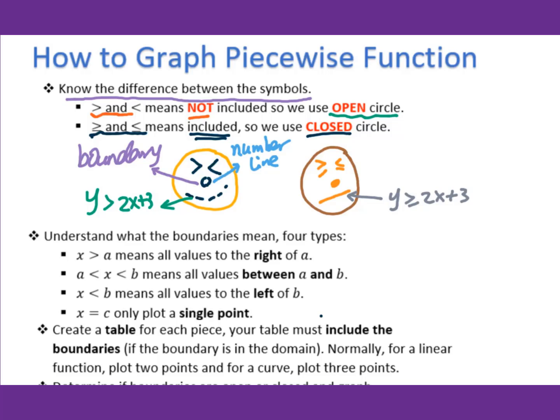But when you sketch a piecewise function for greater than or equal to, less than or equal to, you have to use a closed circle for the boundary. And for a number line, if you have greater than or equal to, less than or equal to, you have to use a closed circle.